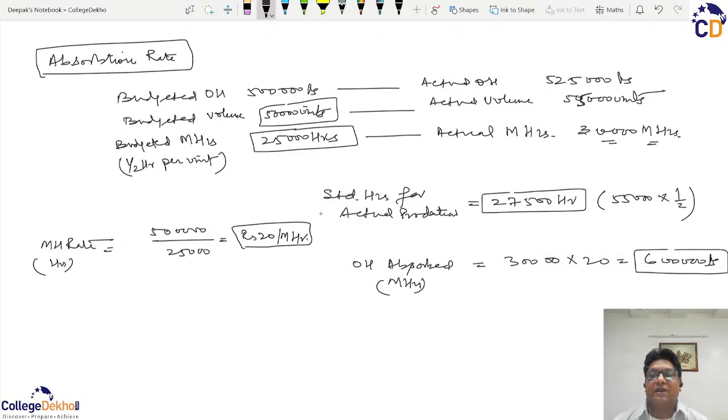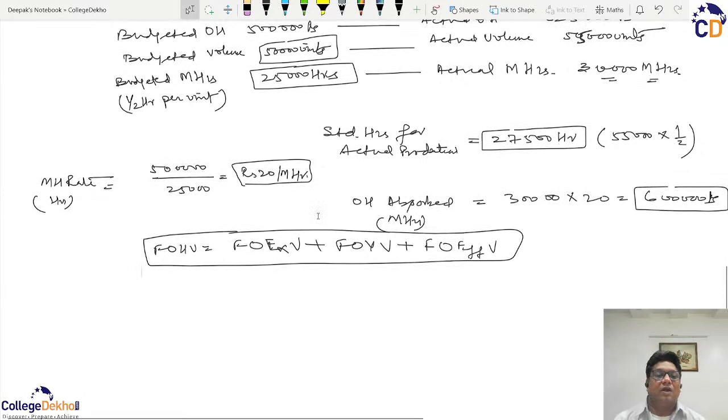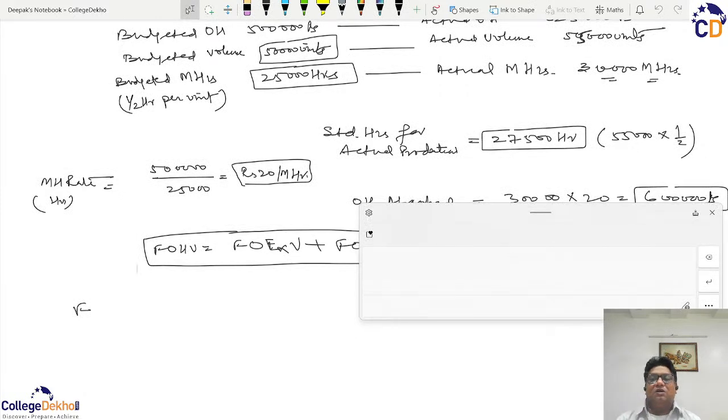So in the earlier case, the fixed overhead variance was equal to fixed overhead expenditure variance plus fixed overhead volume variance. But in this new scenario, it will also include the fixed overheads efficiency variance. So there is a new variance because the overheads absorbed now will change.